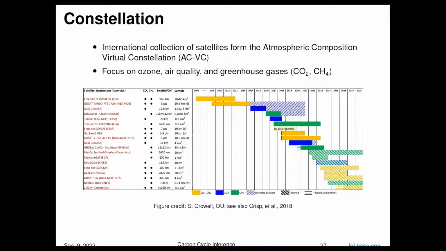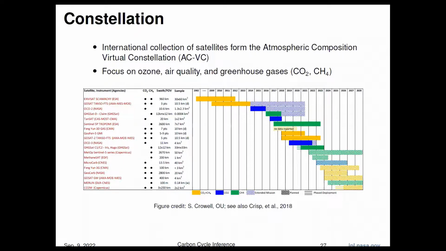The last technical thing I want to talk about briefly is, as I alluded to earlier, there's a lot of interest globally in monitoring greenhouse gases from space. That's illustrated in the figure here, which is actually out of date. I think it was from last year, and it's already out of date.